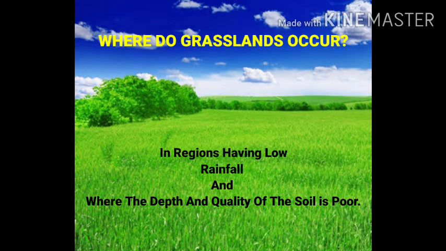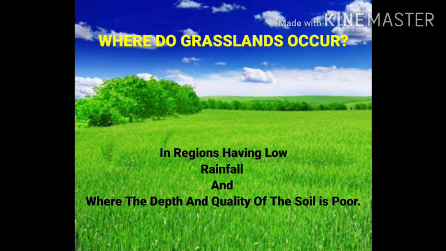The grasslands usually occur in areas which experience low rainfall and also in lands where the quality of soil is comparatively poor. That is why there are certain regions where the amount of rainfall is not enough to grow tall trees and produce a forest.